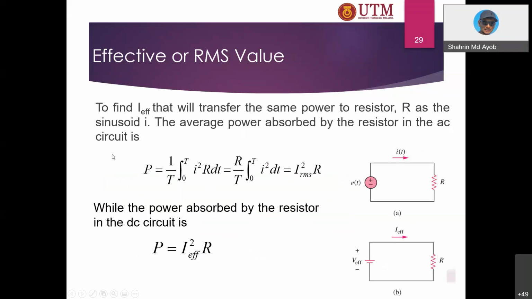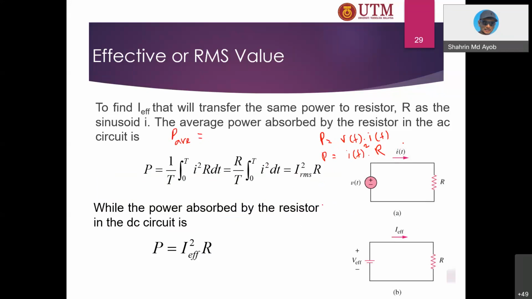For example, to calculate the power for the AC circuit, we know that the power is v(t) multiplied with i(t), or you can also write it as i(t) square multiplied with R, right? I square multiplied with R. So this is also P. But what is the P average?